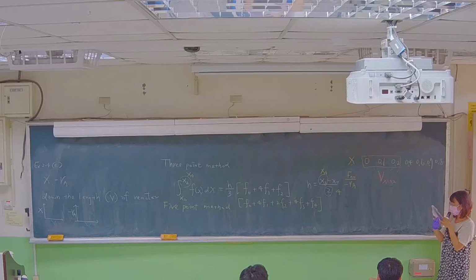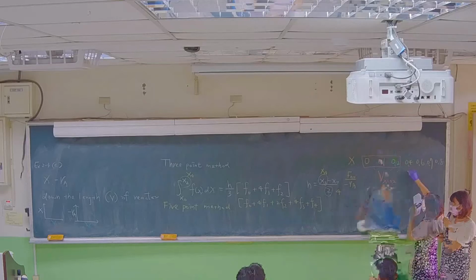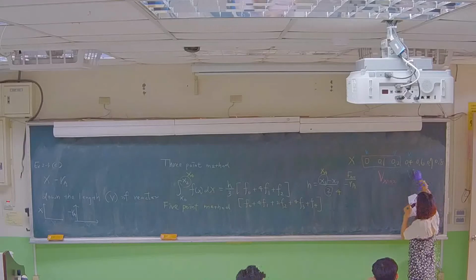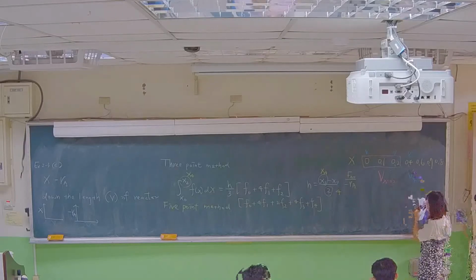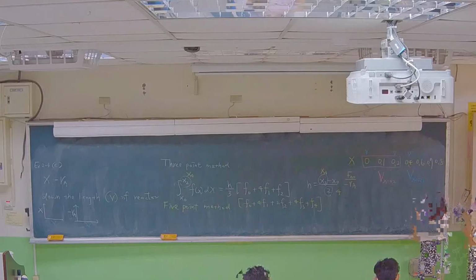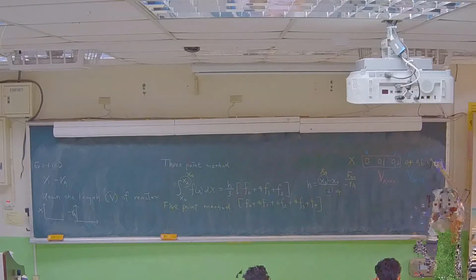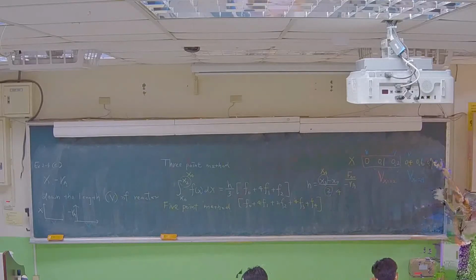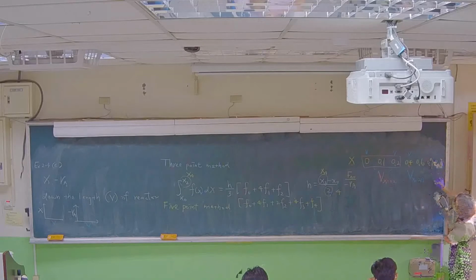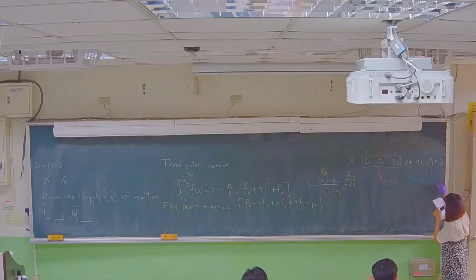So what's more? We can have another choice. You can have 0, 0.2, and 0.4 to obtain the volume at conversion equal to 0.4. Okay? So there are 2 additional values for you. We already have the volume for conversion equal to 0.8.